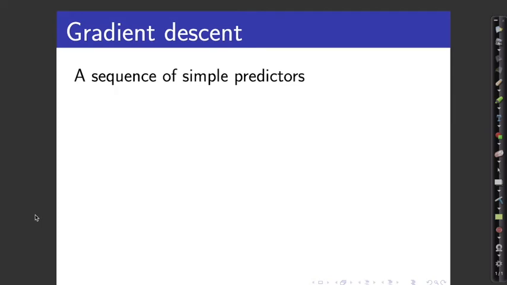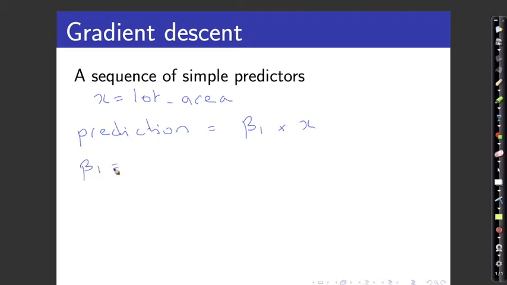Ignoring the intercept for the moment, assuming that x is the lot area, our prediction is given by beta 1 times x. But if you remember how we created beta 1 using gradient descent, we initialized with a 0, and then we added a first step, and we added a second step, and we continued adding steps, as many as we needed until gradient descent converged.